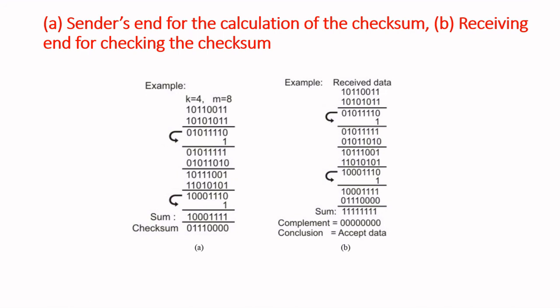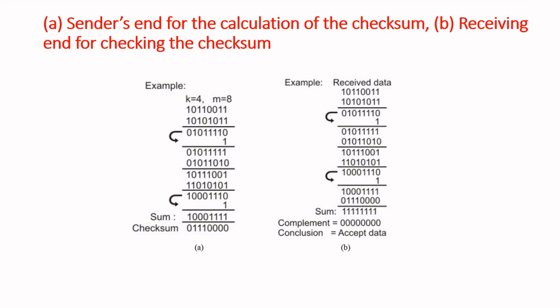And after that, the result is added with the third data word, that is 01011010, and then the fourth data word is added, and finally we find the sum, which is all ones. So this is the sum.